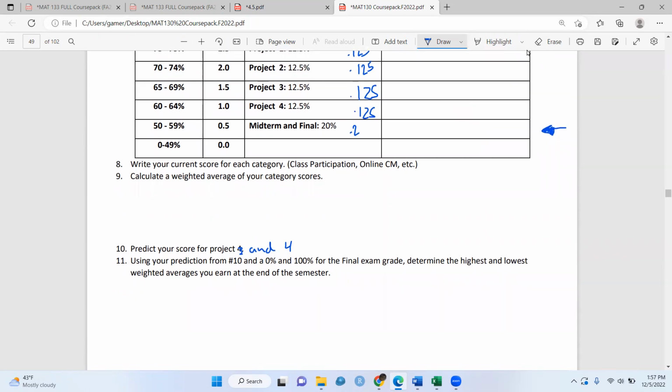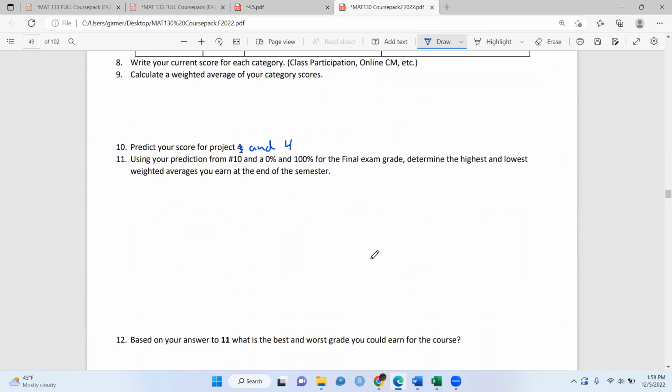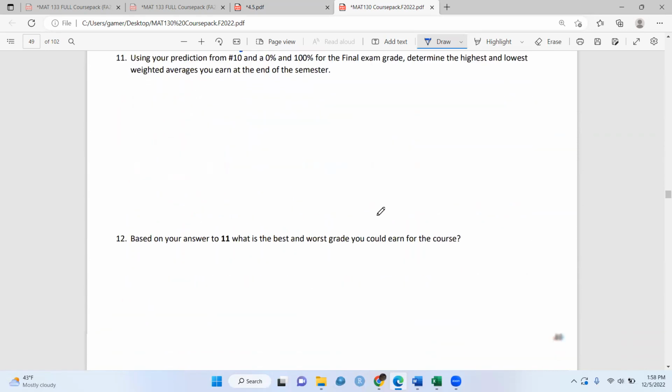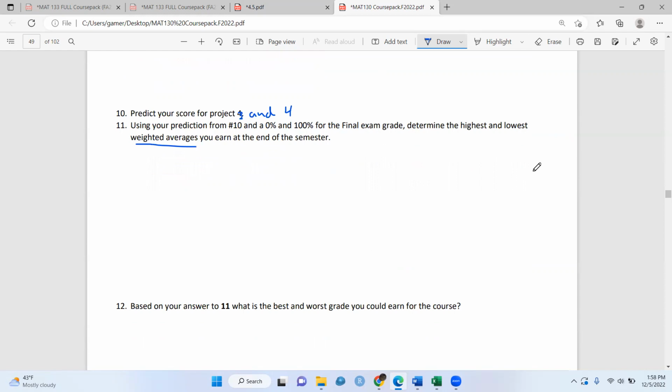And then you can break apart this midterm and final exam percentage to be 0.10 for the midterm, 0.10 for the final. You can put in the current grade for your midterm here, and then make a guess of 0 and 100% for the final. Those would be the prediction of your lowest and highest grade for the course, or your lowest weighted average.